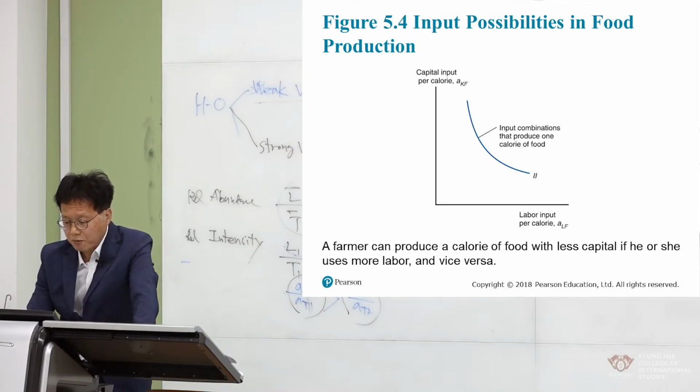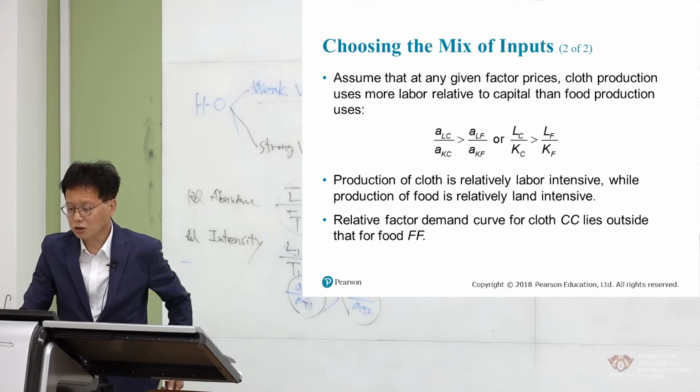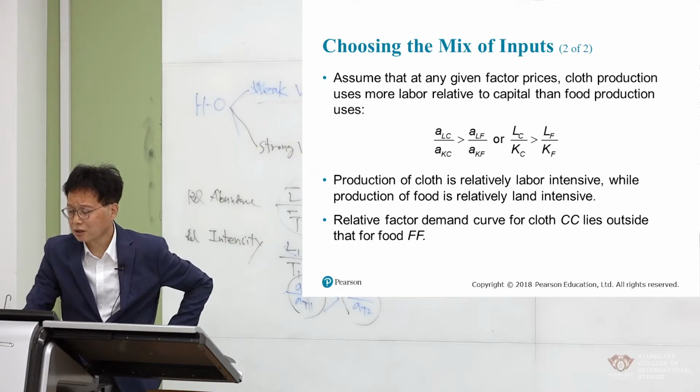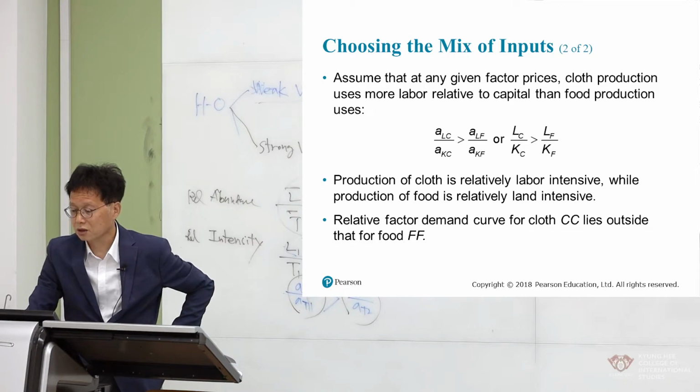A farmer can produce a calorie of food, 1 unit of food, with less capital if he or she uses more labor, and vice versa. So, assuming that at any given factor price, Q1 production uses more labor relative to capital than Q2 production.